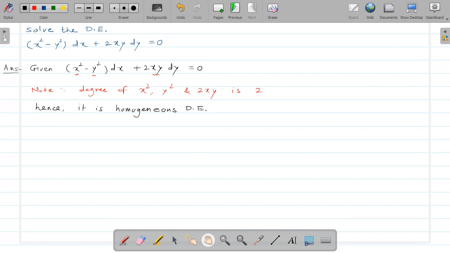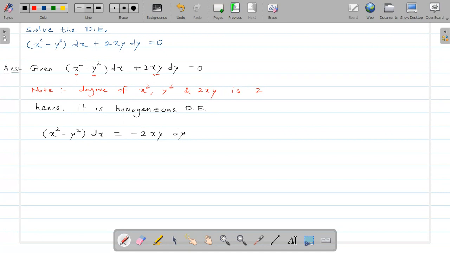Now to get that we will adjust this because we require this differential equation in the form of dy by dx. So what will you get here? Mathematically, (x square minus y square) dx is equal to minus 2xy dy.